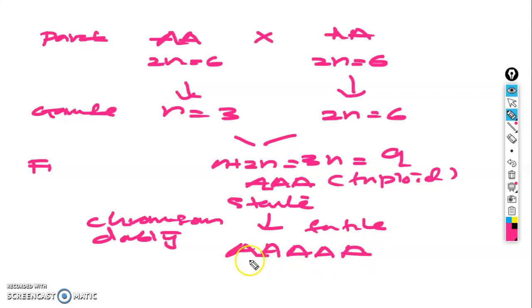We have homologous chromosomes here, which is 6n, and they have 9, and then you get 18.